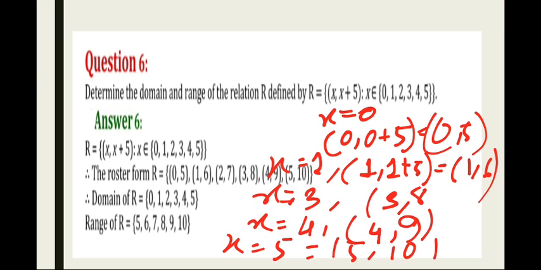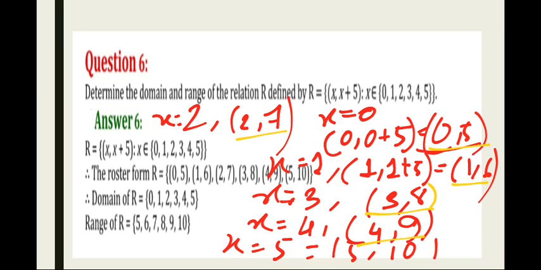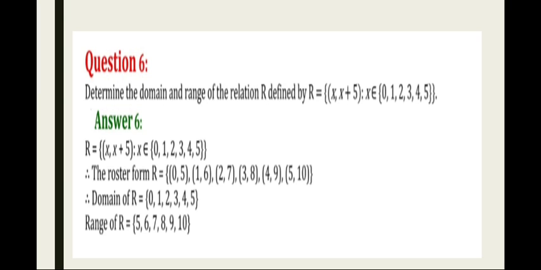When x equals 2, it will be 2, 7. So, the collection of ordered pairs will be 0, 5, 1, 6, 2, 7, 3, 8, 4, 9, 5, 10. This is the representation of the relation set in roster form.